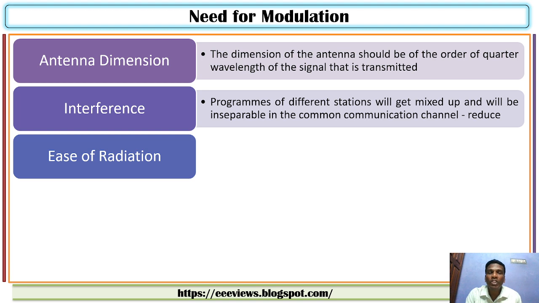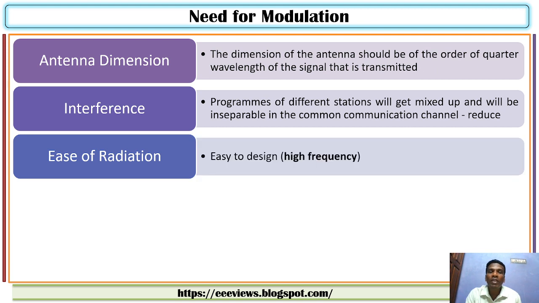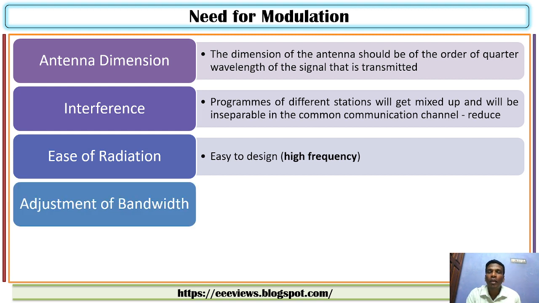Then ease of radiation. Ease of radiation means I can easily design the system because I am using a high frequency carrier wave. Then adjustment of bandwidth. When I am doing the modulation, I have the flexibility to adjust the bandwidth.